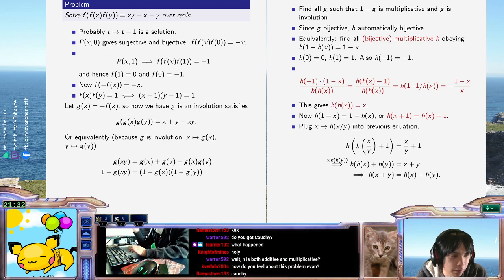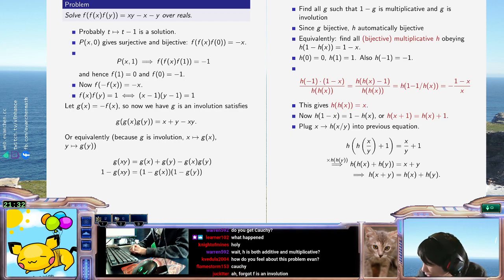So now h is both additive and multiplicative, which is fine. How do you feel about this problem? I'm really confused. How did that work? That's not supposed to work.